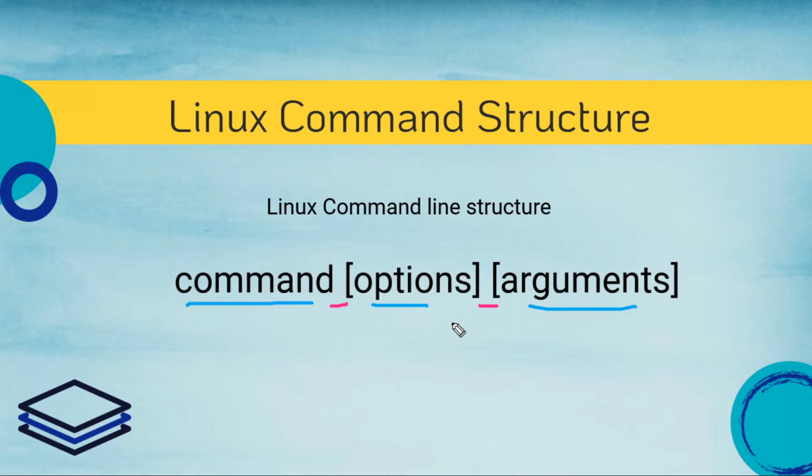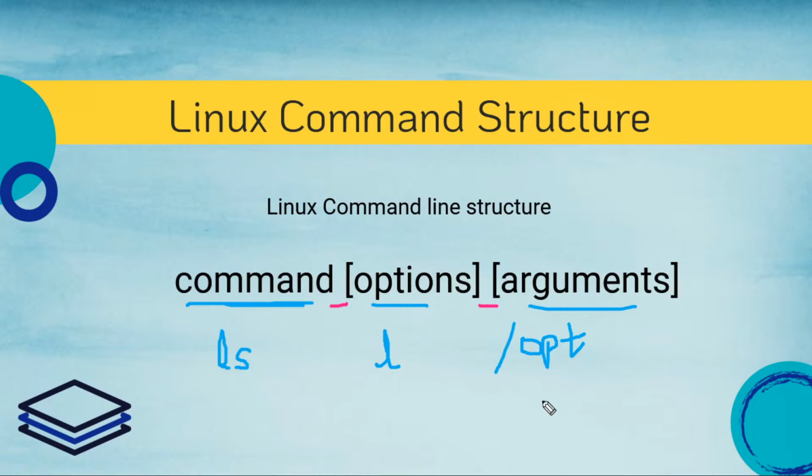Now, how do I place the option? A simple example here: I am taking one command by the name ls. ls is the command name. As the option, I am using l. Every option has to be prefixed with a hyphen. That differentiates between an option and an argument. If you do not provide the hyphen, let's say I provide the argument /opt here.